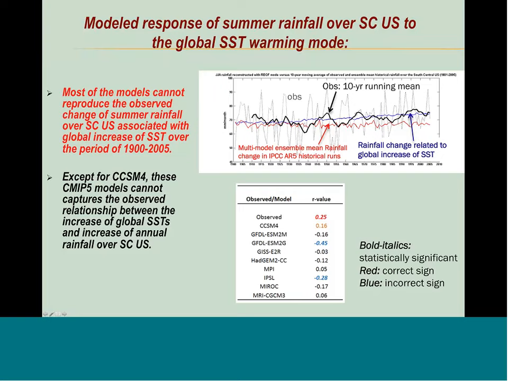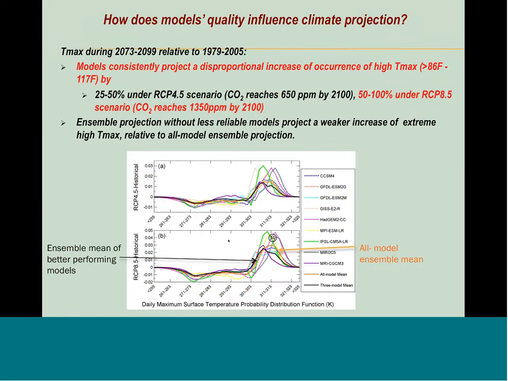So the bottom line is most of the models cannot adequately capture the relationship between the regional rainfall and interannual variation, the ENSO, as well as the global warming SST.